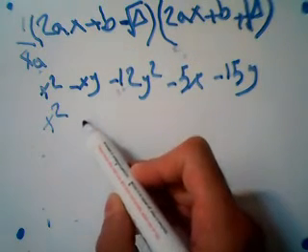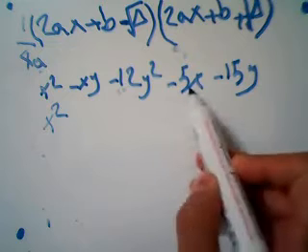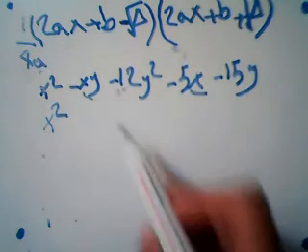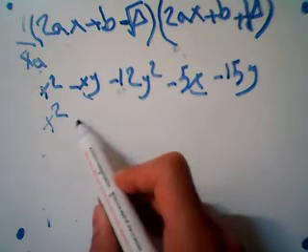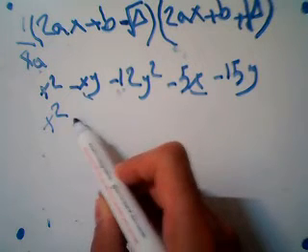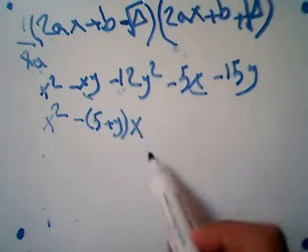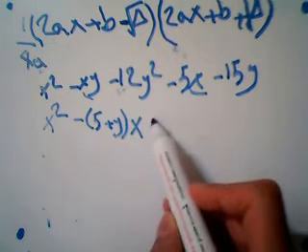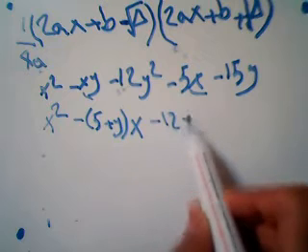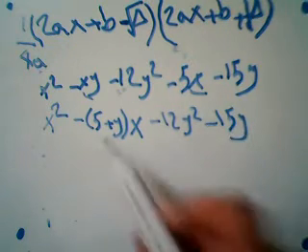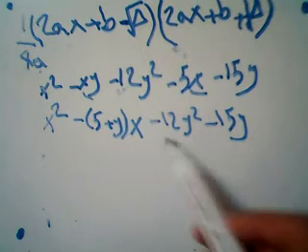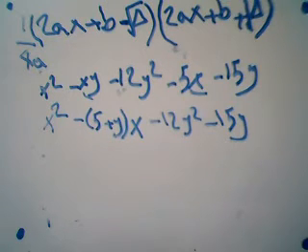So here we got 1x and here also. So that would be minus 5 plus y, times x, minus 12y squared minus 15y. So this is our b and this is our c.